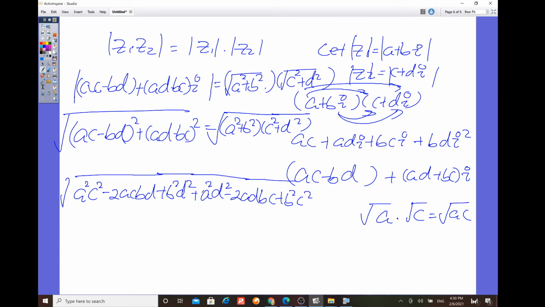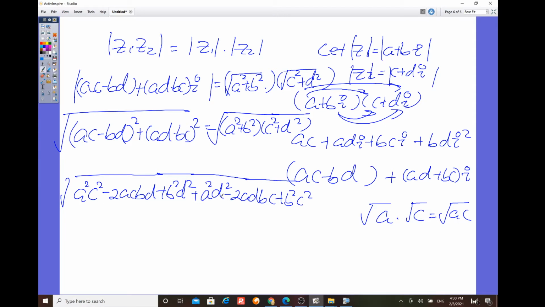So you may notice that it looks like we can combine them. Check it out. This part right here, negative, negative, so it looks like we can combine them.